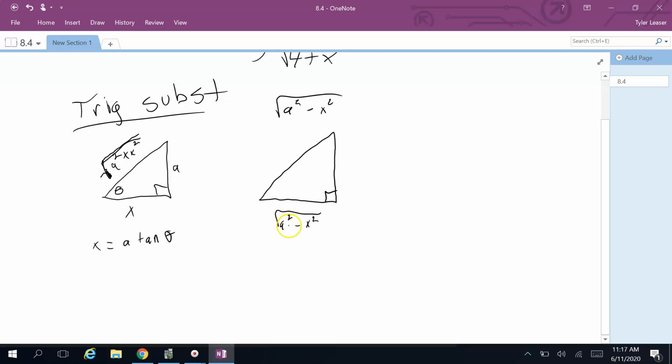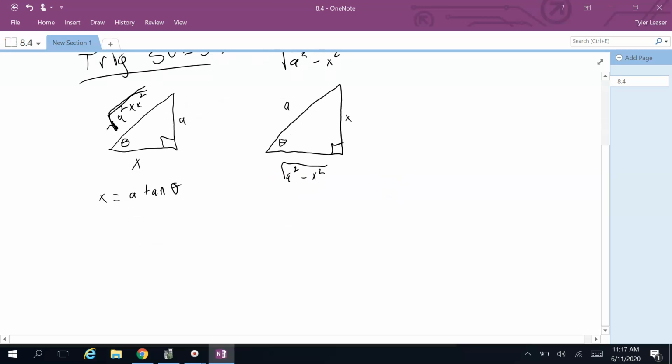Because the a is out in front, that means that's the bigger value. The bigger value has to be the hypotenuse, which means that this other leg is going to have to be x. Again, if I just let theta be one of my angles, I can do a trig substitution. For this theta, I have the opposite and the hypotenuse. Opposite and hypotenuse is sine. So the trig substitution we're going to do for this question, x equals a sine theta.